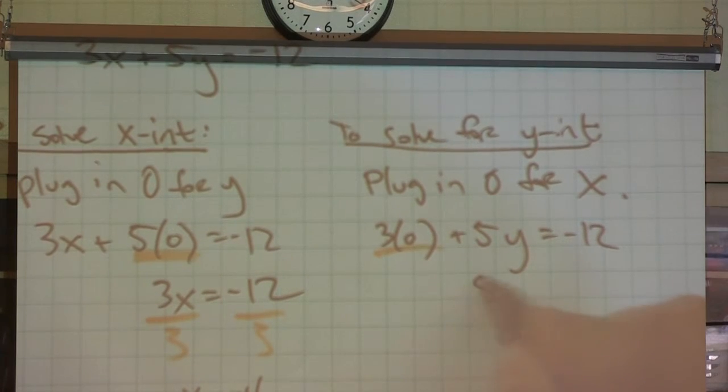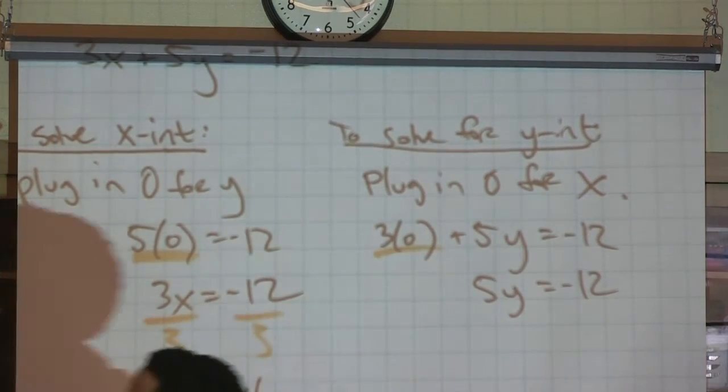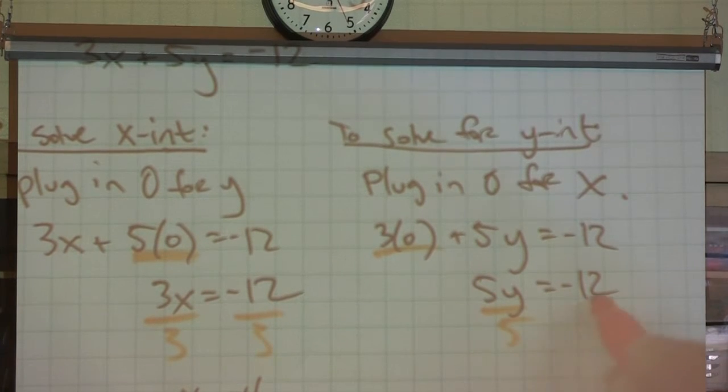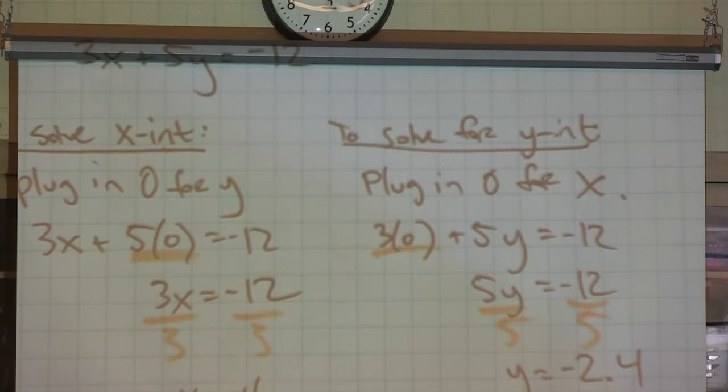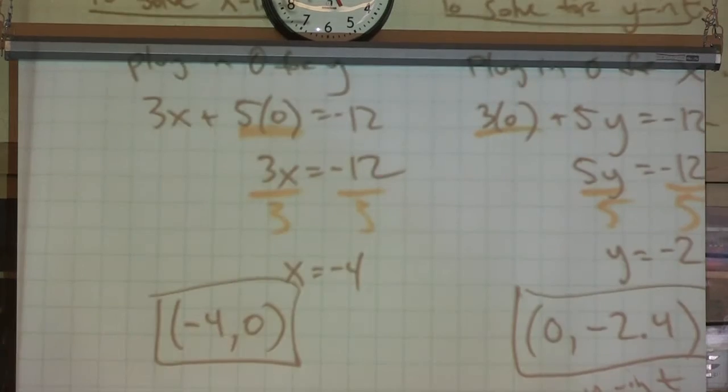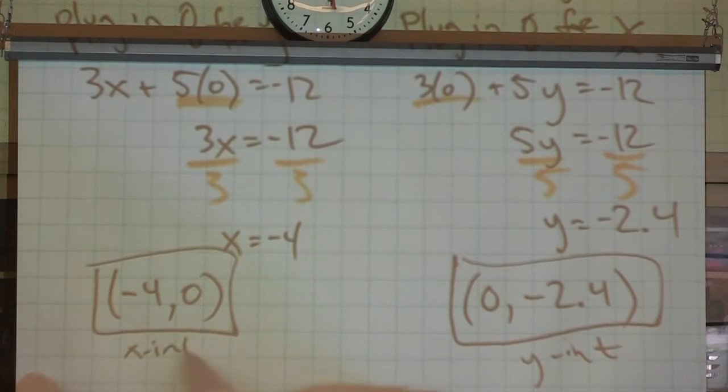So we're just left with 5y equals negative 12. So what do we do? Divide by 5 on both sides. So y equals negative 2.4. Is that right? Yeah. So then our y-intercept, as the actual point on my graph, is the point 0 for x, negative 2.4 for y. This is the y-intercept. The other one is the x-intercept.